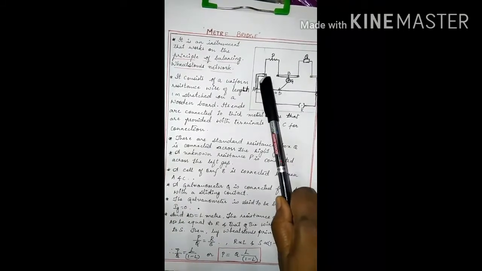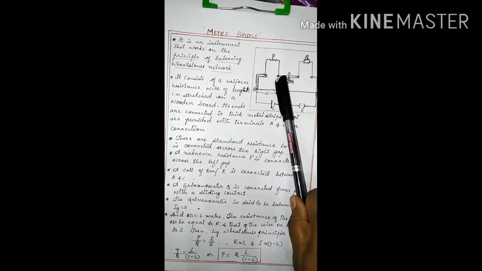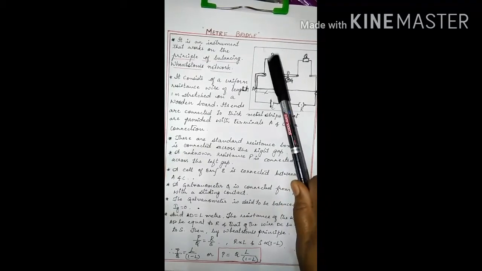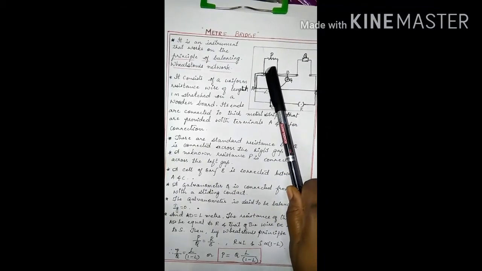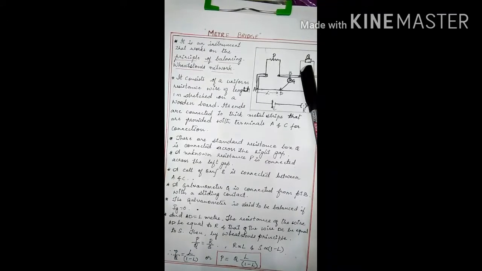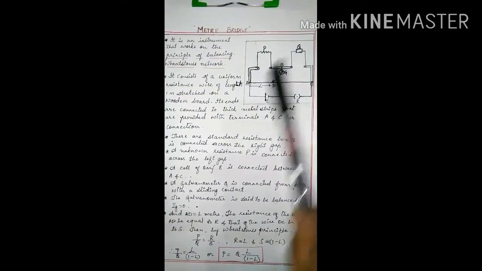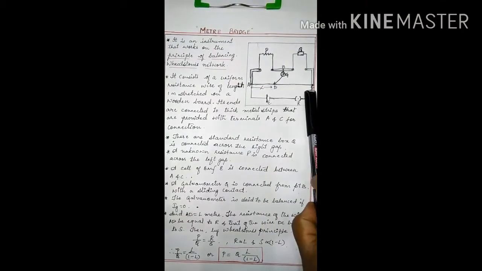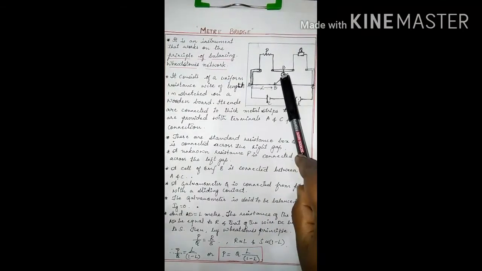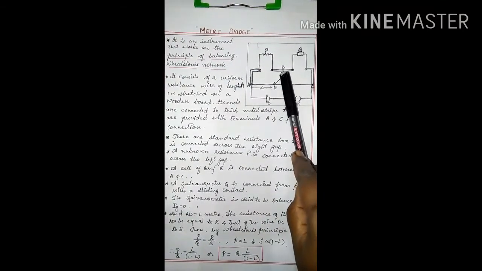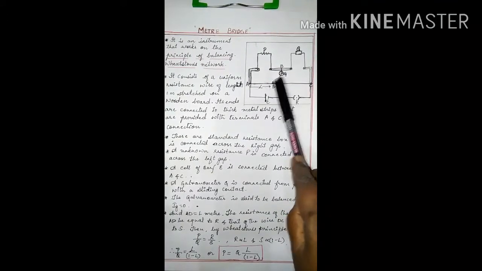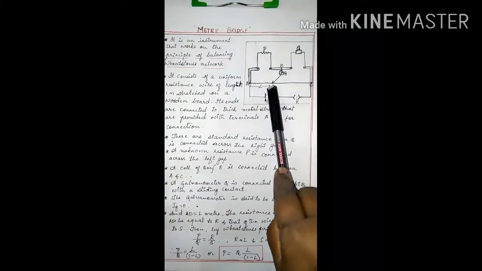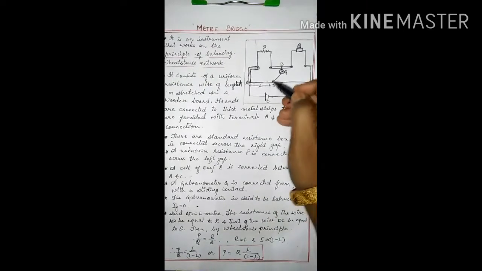At this point there is an unknown coil P, whose resistance we have to determine, and there is a resistance box Q. This will be the known resistance Q, and at the point B there is a galvanometer, and this galvanometer is connected to a jockey J, or a slider or a pointer, whatever you can call it.